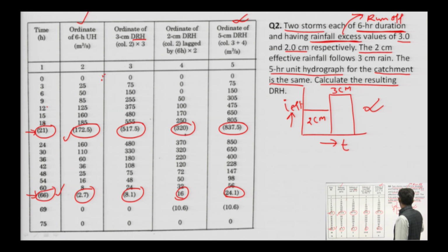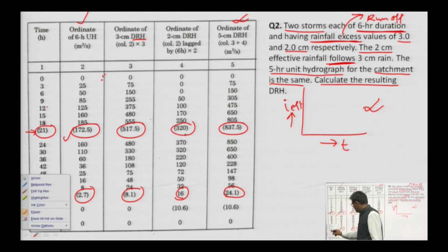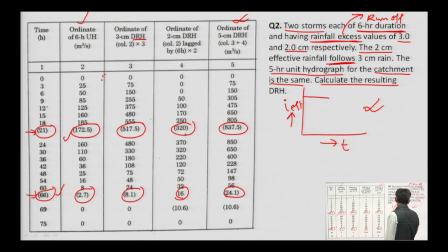We made a mistake, we have taken it in reverse. The storm will be like this: 3 centimeter and 2 centimeter. Actually, 2 centimeter effective rainfall is following 3 centimeter precipitation.